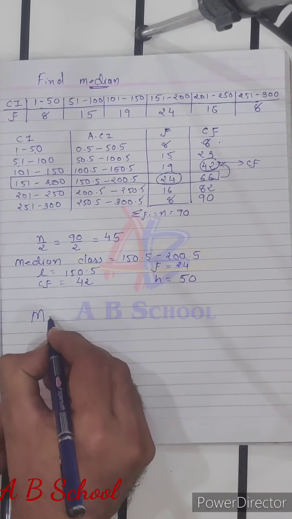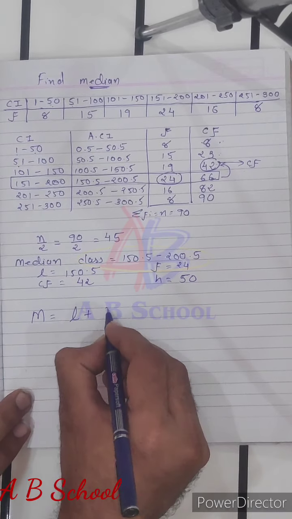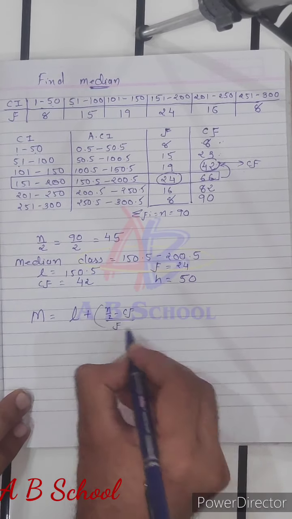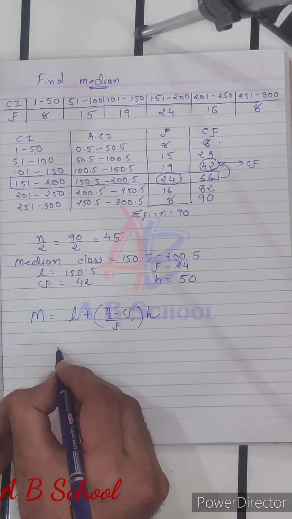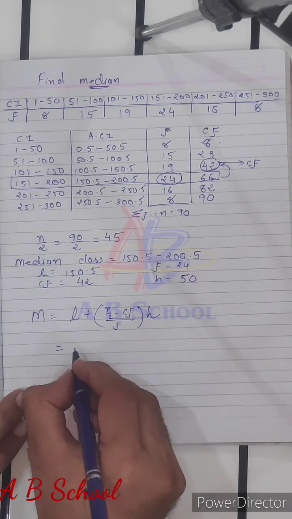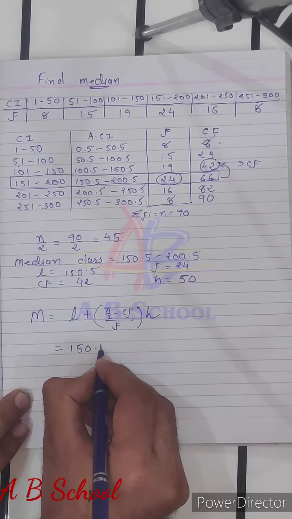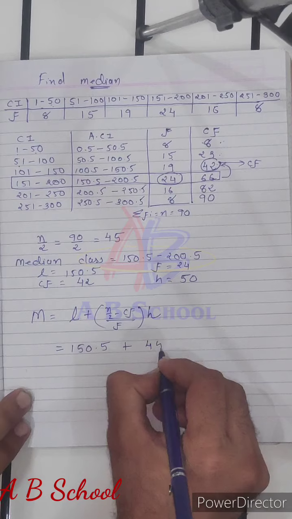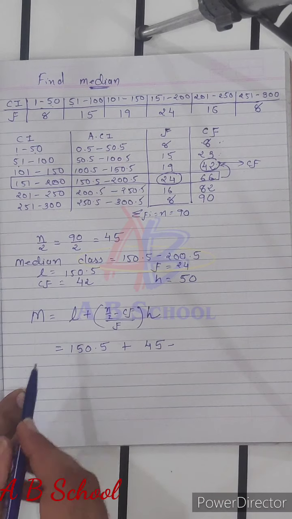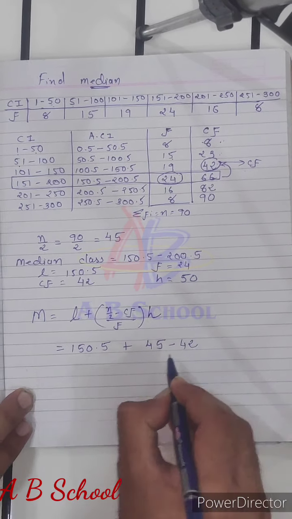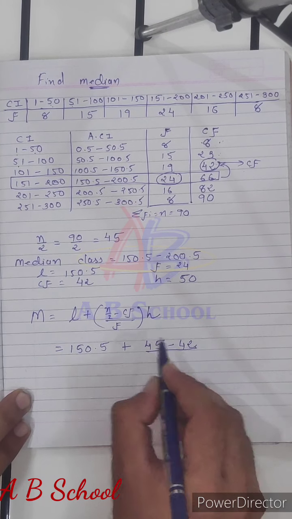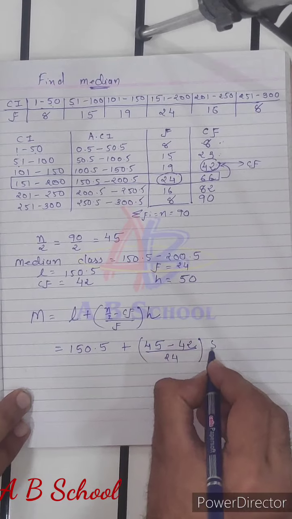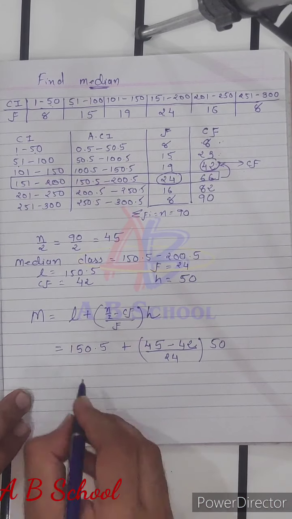Now M is equal to L plus n by 2 minus CF upon F into H. The value of L is 150.5 plus n by 2, that is 45, minus cumulative frequency 42, divided by frequency 24, into H, which is 50.